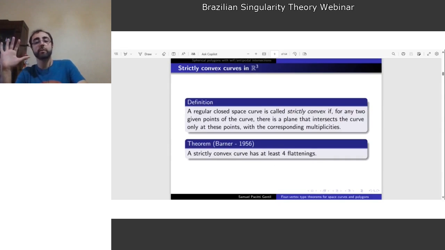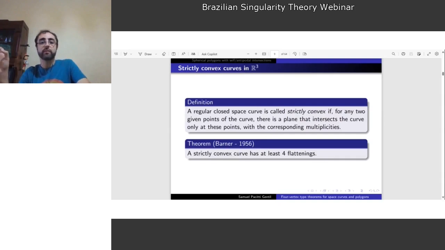This is his terminology. I know that some of you might read strictly convex and think of something else, but he expresses this condition using this terminology, strictly convex, if for any two given points of the curve, there is at least one plane that intersects the curve only at these points with the corresponding multiplicities.